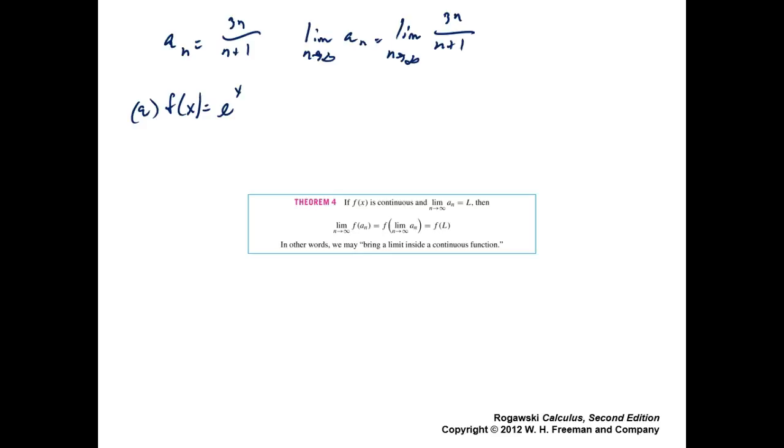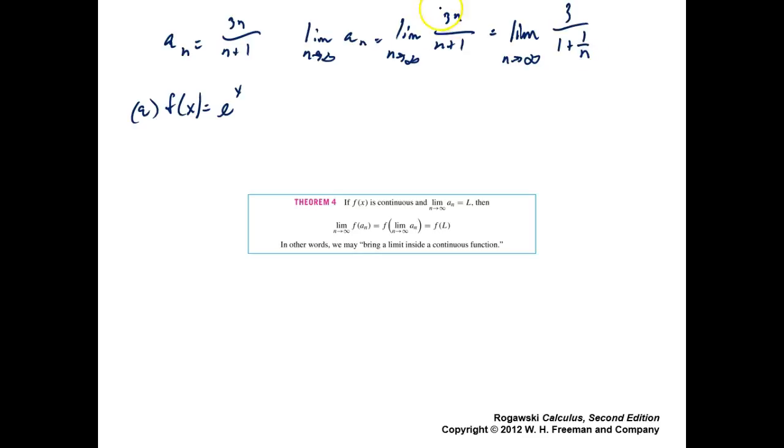Divide by n, numerator and denominator, and this would be the same as the limit, still as n is going to infinity, of 3, because that's 3n over n, over 1, that's n over n, plus 1 over n.